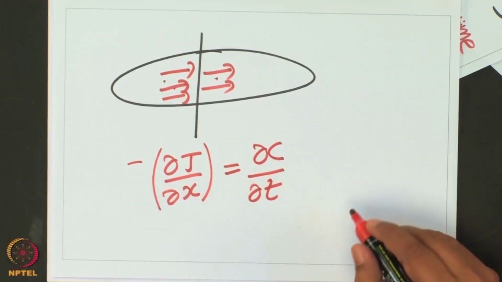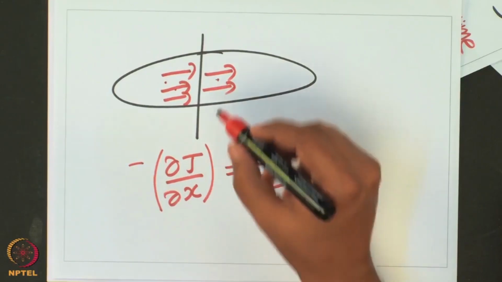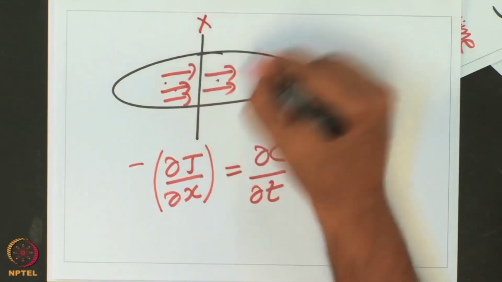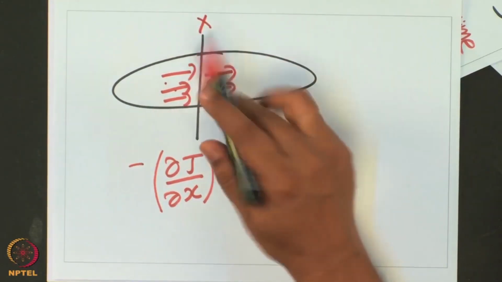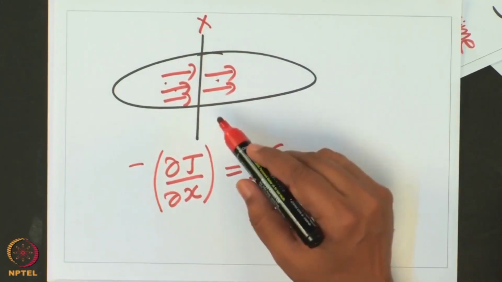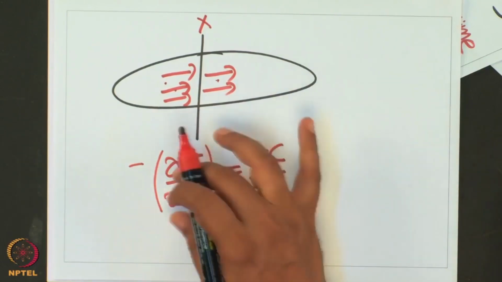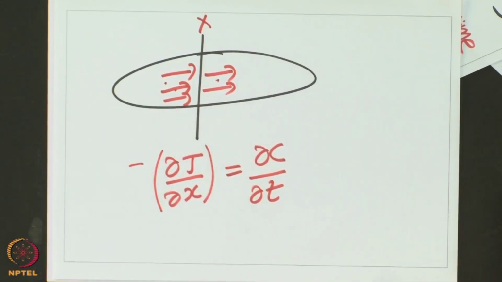So, this is the understanding, and it comes from taking any location X, and around that you look at the flow which is coming in and going out, and by studying this, considering 2 points very close to delta X away, we can write down such an equation. So, this is possible.